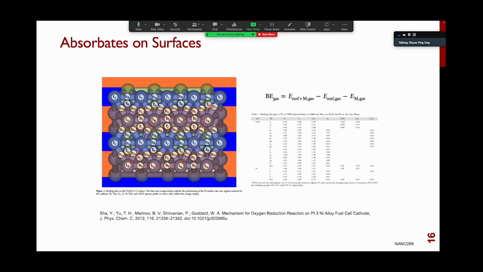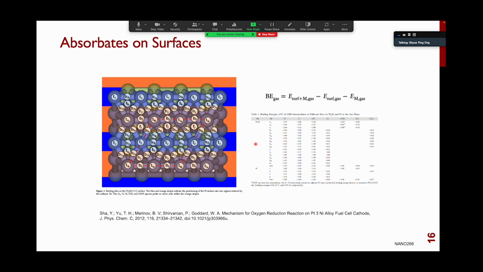So this is why you need to understand why this kind of calculation is so difficult to do, right? When we think about a surface, there are so many different positions where we can actually put our gas molecule, right? We can put it on top of one atom or the other. We can also put it at this bridge site, which is in between these two atoms. We can put it in this hollow site, which is the hole between the three atoms on the surface, okay?